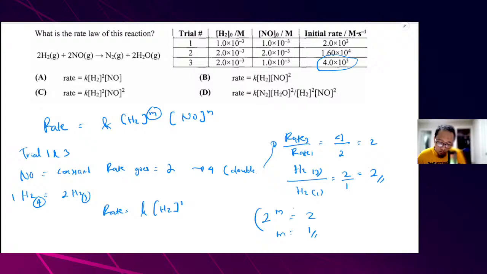Fortunately, there is no option for H2 power 1 except option B. Just wondering, rate 3 divided by rate 1, 4, so 2.